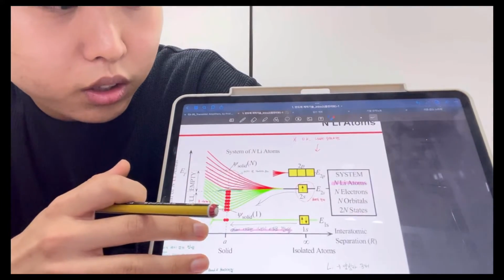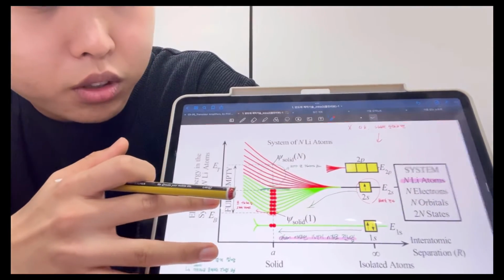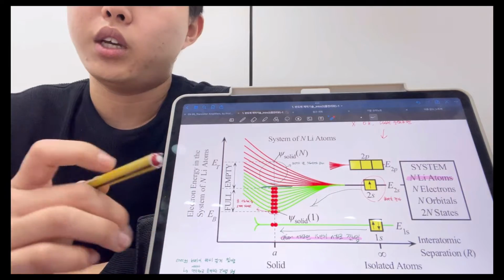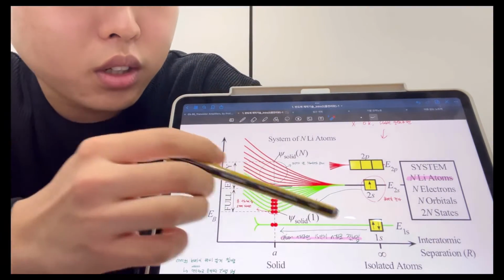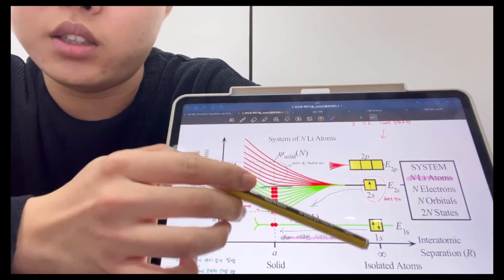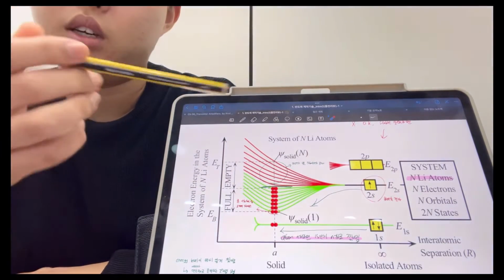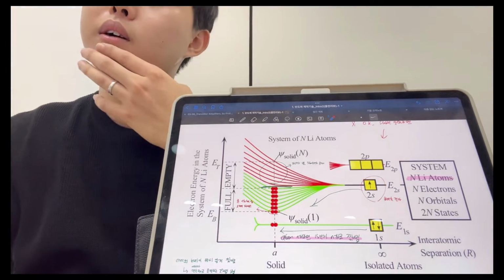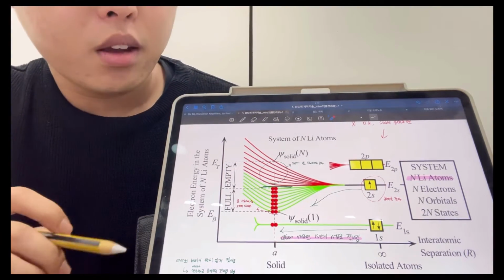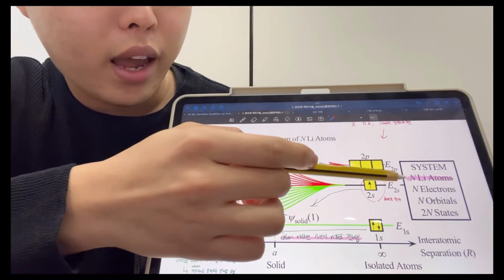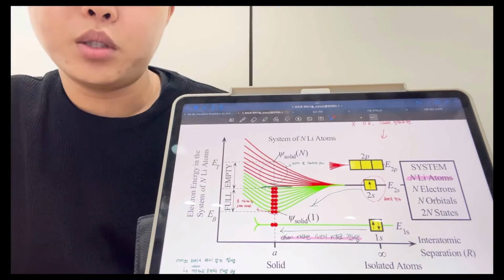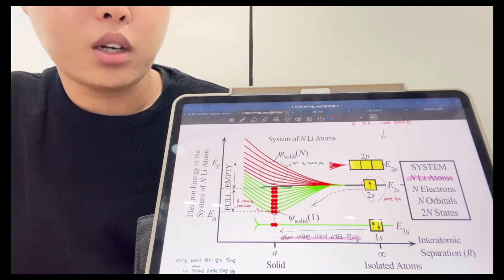Let's have a look at the lithium atoms. Also, in the outer shell, they have only 3 electrons. It has the same state as the 3 hydrogen atoms bonded together. But now we are going to see n lithium atoms.